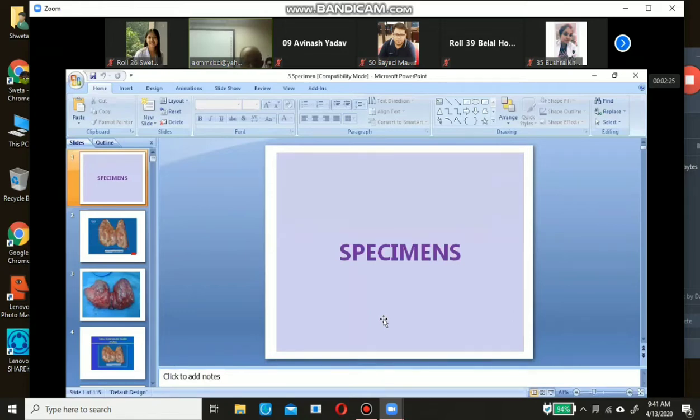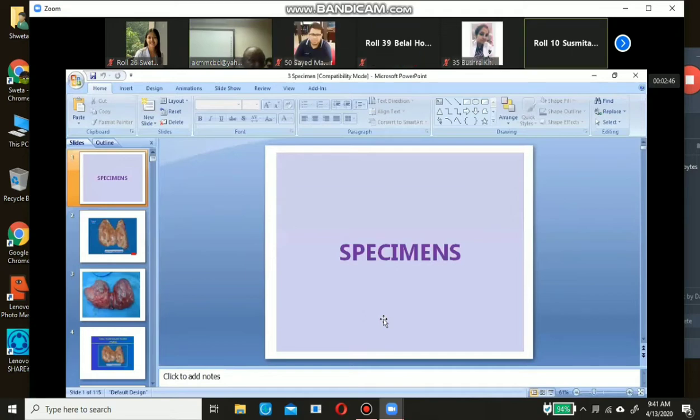then breast, then gallbladder, stomach, colon, then kidney, testes.